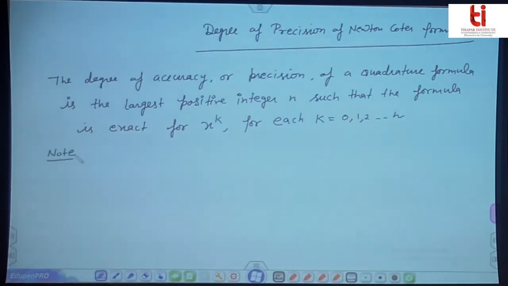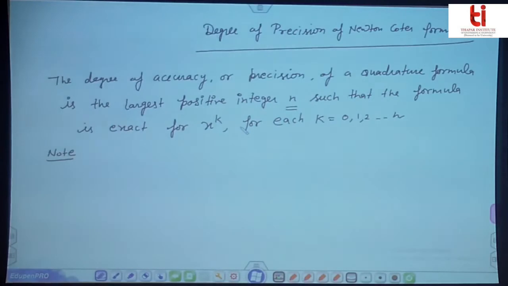So degree of accuracy or precision of a quadrature formula. Here we have discussed the Newton-Cotes formula, and the quadrature formulas we call the trapezoidal rule and Simpson 1/3 rule. So the degree of precision of these quadrature formulas is the largest positive integer n such that the formula is exact for x raised to power k. That means the formula gives the exact value of the integration, that means the error is 0 up to a polynomial of degree k.